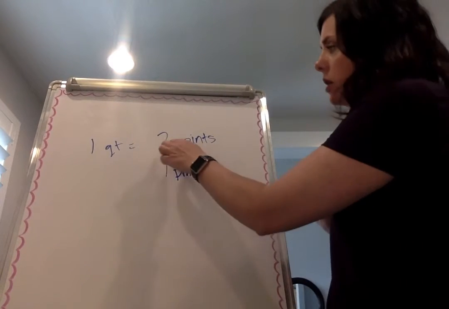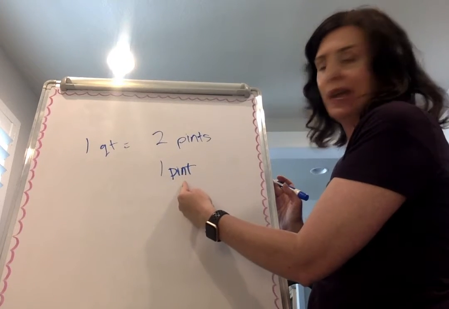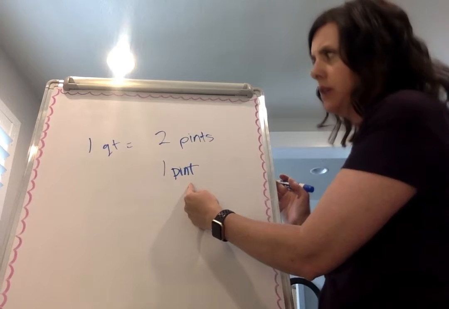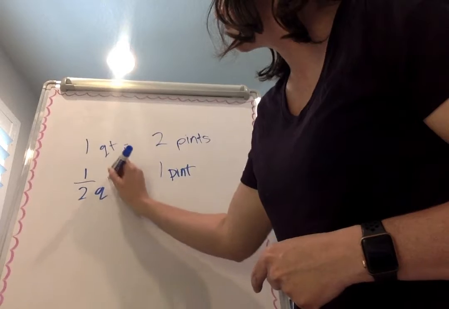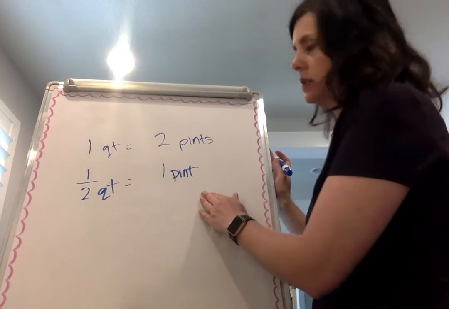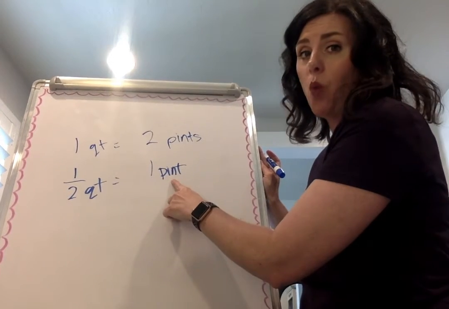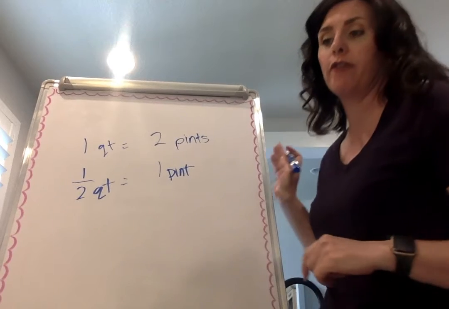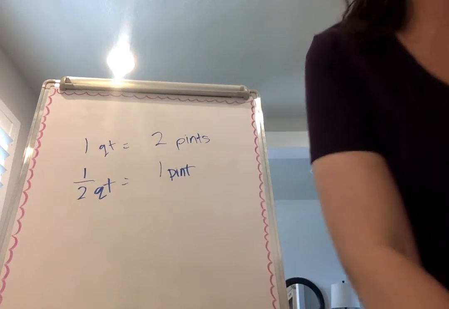Okay, so here, instead of 2 pints to equal 1 quart, I only have 1 pint, which is half, right? I would just have a half of a quart. That would equal 1 pint. Okay, 1 quart equals 2 pints, but if I only have 1 pint, that's half, so it would be a half a quart. So my fraction for number 2 is a half. On number 2, I would write 1/2.